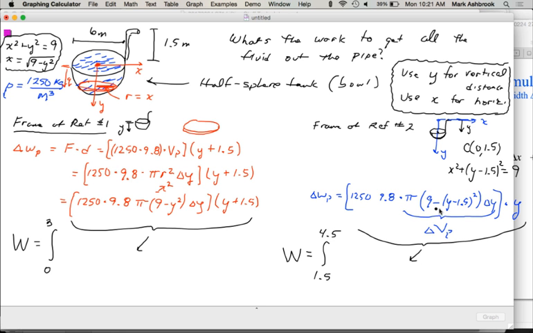So what happened? The equation of the circle changed, the distance the layer had to move changed, and our limits of integration changed. All by 1.5, right? If I move that frame of reference by 1.5, then everything changed by 1.5.